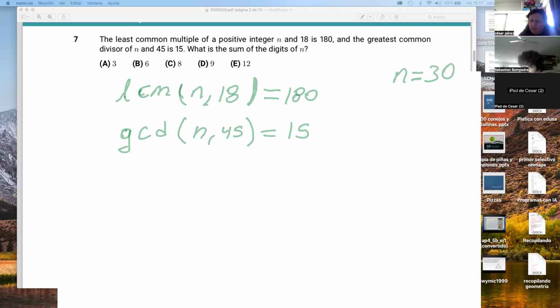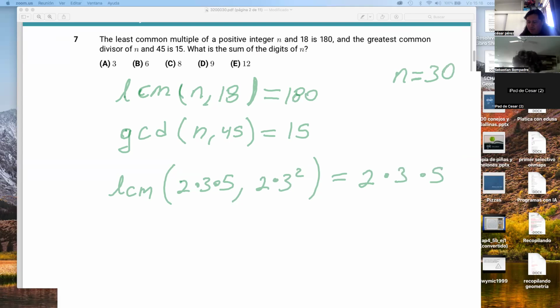Let's see. The least common multiple of 30 and 18 will be, okay, 2 times 3 times 5 and 2 times 3 squared. The least common multiple must use factors 2, 3, and 5, mínimo común múltiplo.